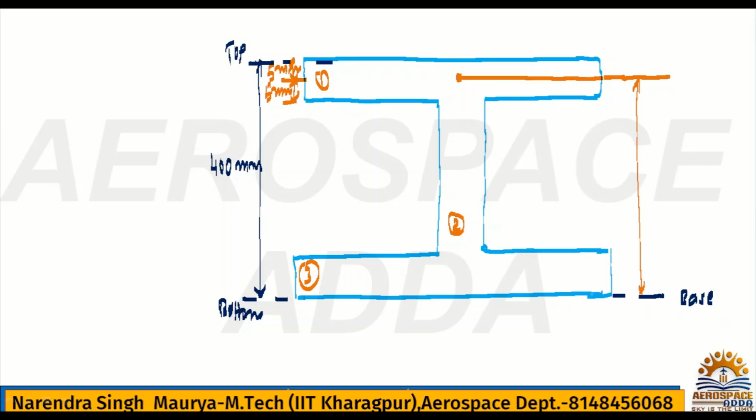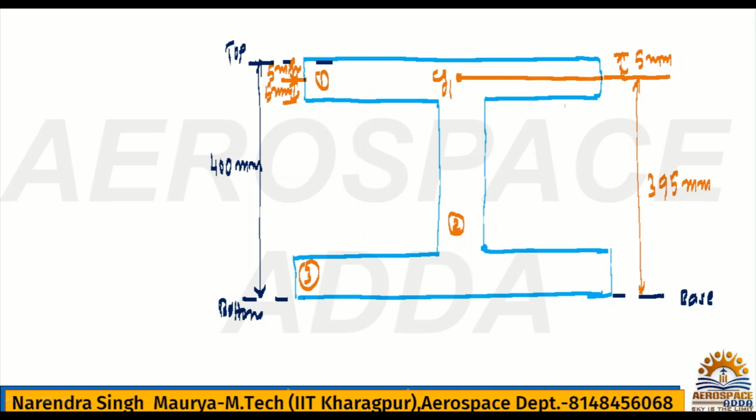Now from the base, if you calculate CG1, what will be the location of CG1? It is 400 minus 5 mm. On the upper side, this 5 mm will be reduced. So this is nothing but 395. This is the CG location of section 1 from the base. Hope you understood this.